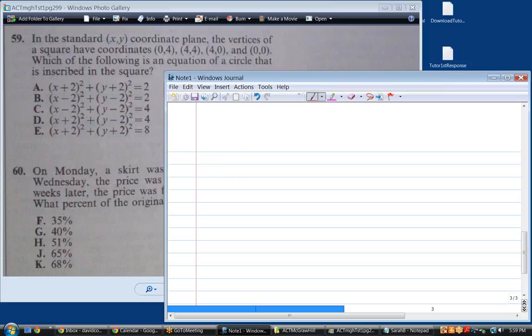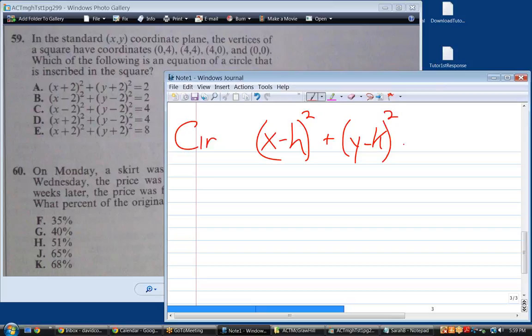So let's go through it. Circle is x minus h quantity squared plus y minus k quantity squared equals the radius squared, where h and k are the center coordinates of the circle.